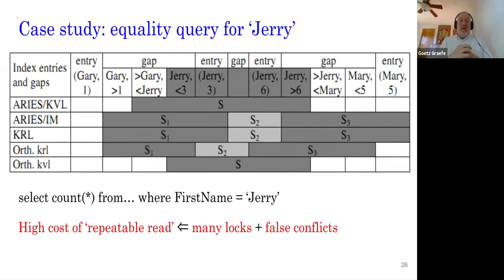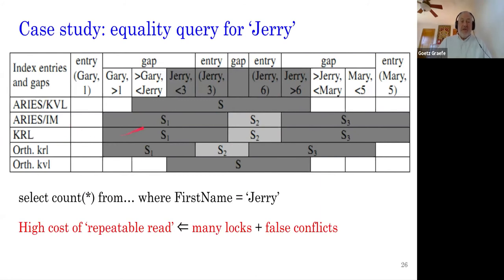Let's do another one for equality. So the query says select the number of people whose first name is Jerry. So you need to lock all Jerrys, existing and non-existing ones, so no other transaction can delete or insert Jerrys to mess up our count. So with ARIES KVL, you only overlock a little bit.